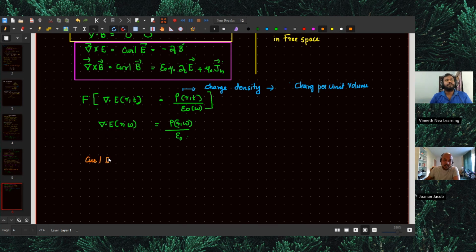Curl E of R, t is equal to negative dou by dou t of B of R, t. I'm going to take the Fourier transform. What will be the answer?